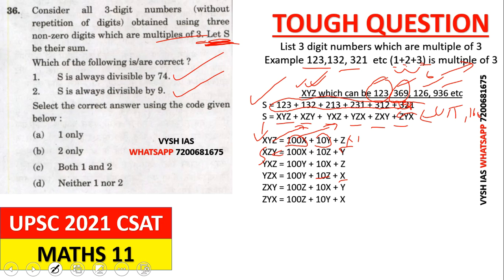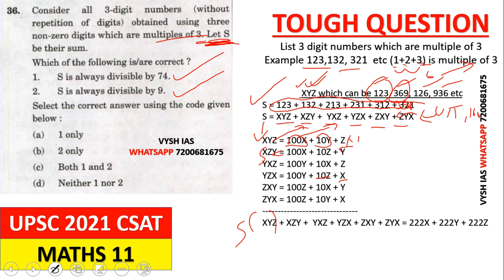Now simply add. When you add, what will come? This side is the sum only. Other side, how many x is there? 100x, 100x, 200x, then 210x, 220x, 221x, 222x.